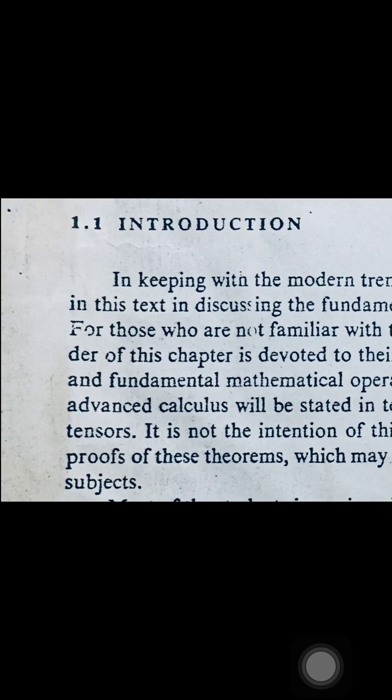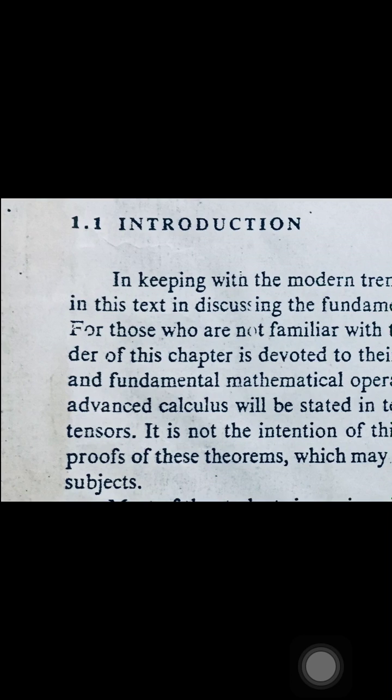In the first chapter, we are just discussing all definitions and all properties of Cartesian tensors, the transformation law and fundamental mathematical operations. Theorems of vector analysis and advanced calculus will be studied in terms of the index notations of Cartesian tensors.